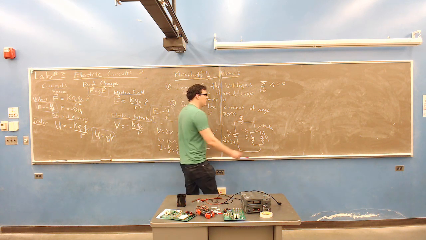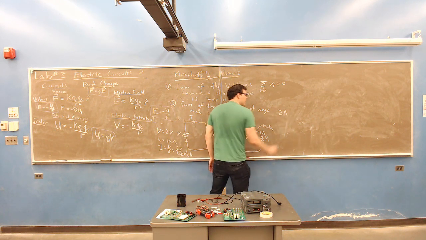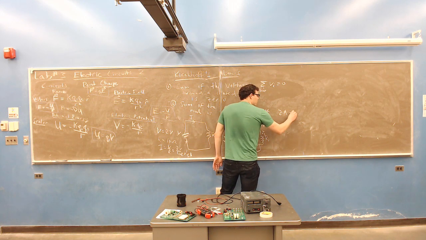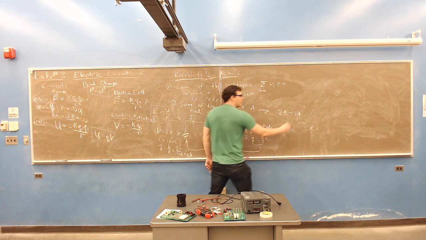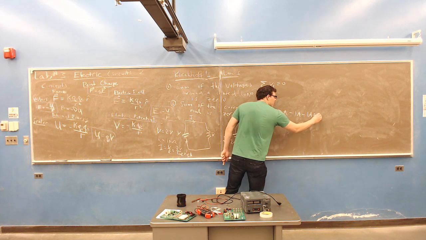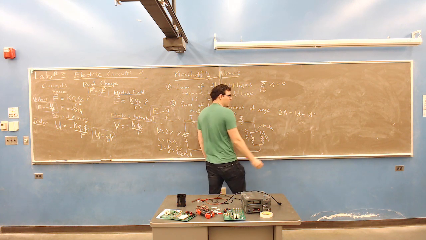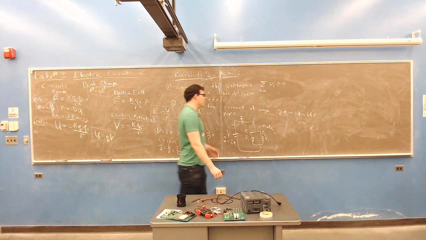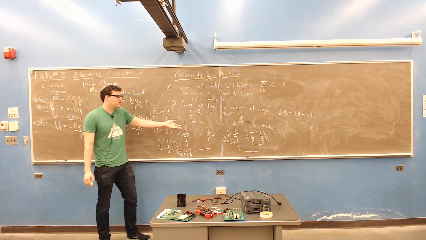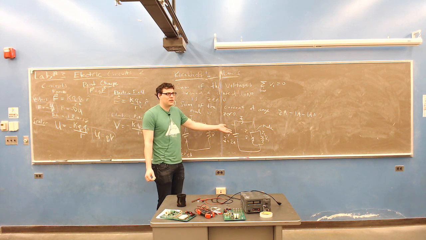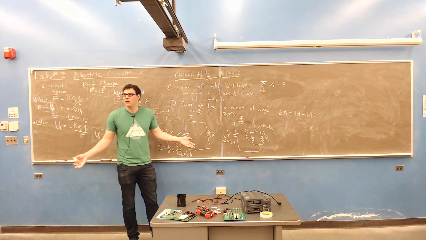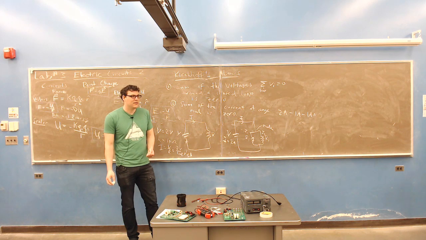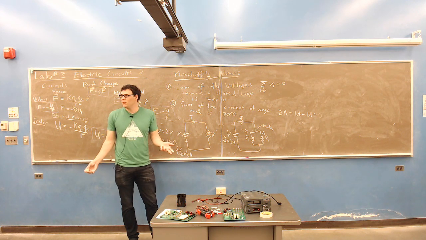Okay, so if we had 2 amps coming in, 1 amp going out this way, and 1 amp going out the other way, what do we get? 0. And that's what Kirchhoff said. It's just conservation of charge, right? Charges aren't appearing and disappearing, so if it came in, it has to go out. All right. Are these pretty simple laws? Could you have come up with these laws?